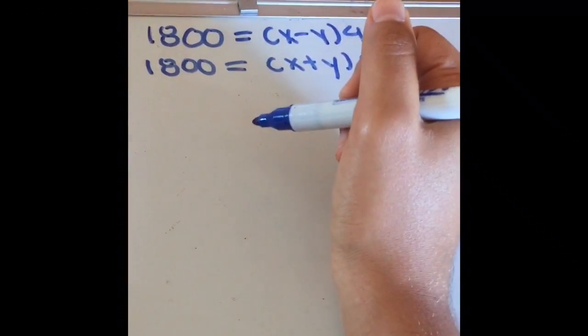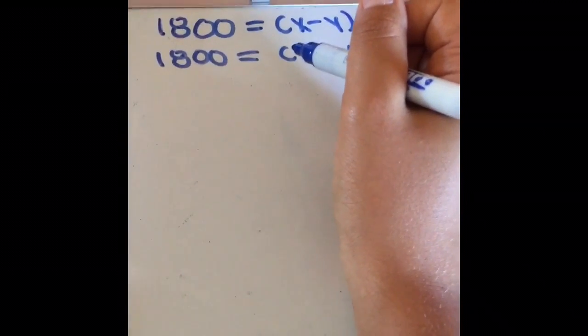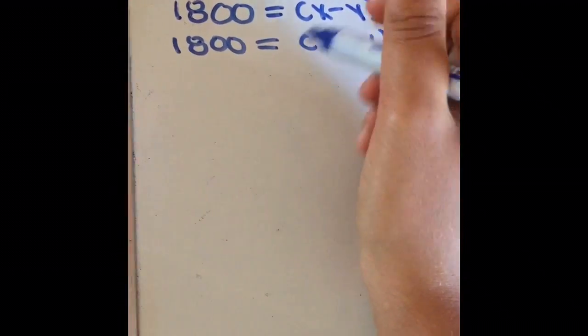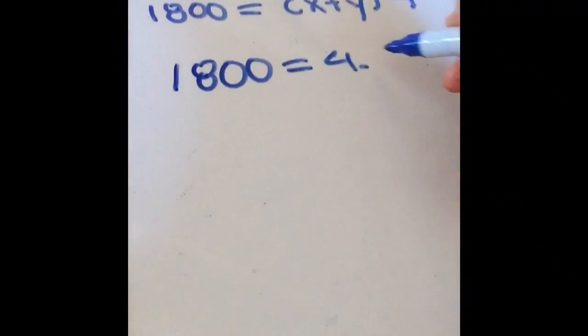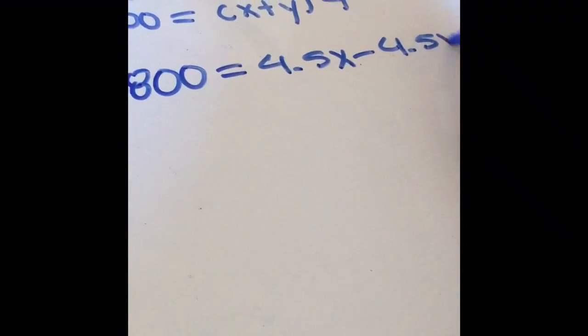When solving by substitution, we have to get one variable alone so we can plug in the value for that variable into the next equation. So in this case, we'll be using the first equation, and we'll have to distribute it. 4.5x minus 4.5y.